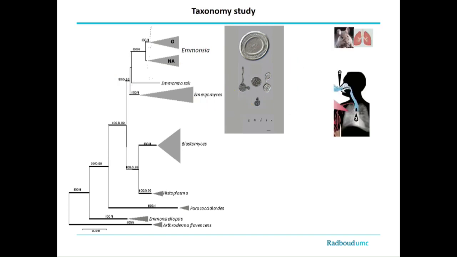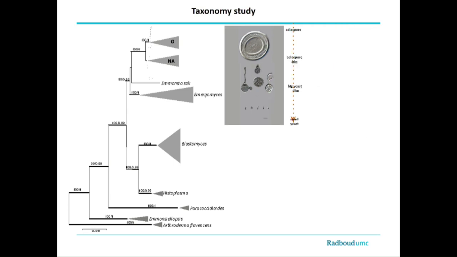Then at last, from the ecological aspect, we can see both of them share the same habitat and the same biological behavior. Both of them can inhale the conidia from the soil and cause infection or colonization.